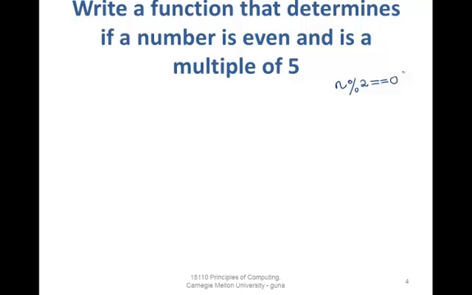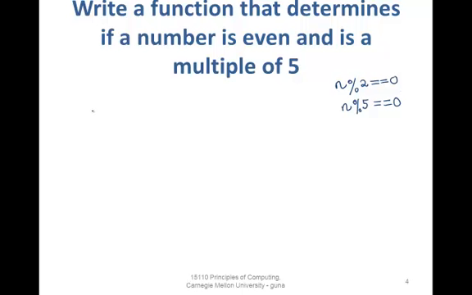Now how do we know that number is a multiple of 5? Well, we do the same thing. We take the number and then we take mod 5. If it happens to be 0, then it is a multiple of 5. So for example, 5 mod 5 is 0, 10 mod 5 is 0, 15 mod 5 is 0. So any number that's a multiple of 5, mod 5 is 0.